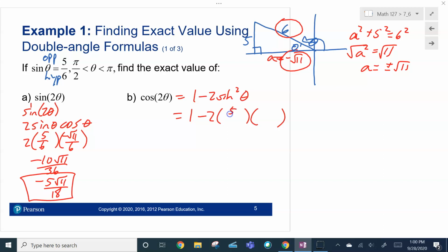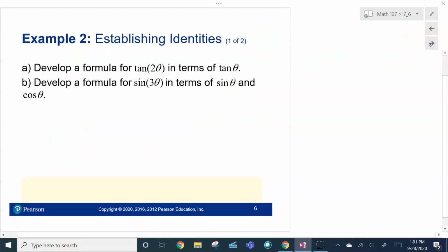Well, we know the sine of theta is 5/6. So we got 1 minus 50 over 36. In other words, 36 over 36 minus 50 over 36. We got negative 14 over 36, or negative 7/18. That's cosine of 2 theta.